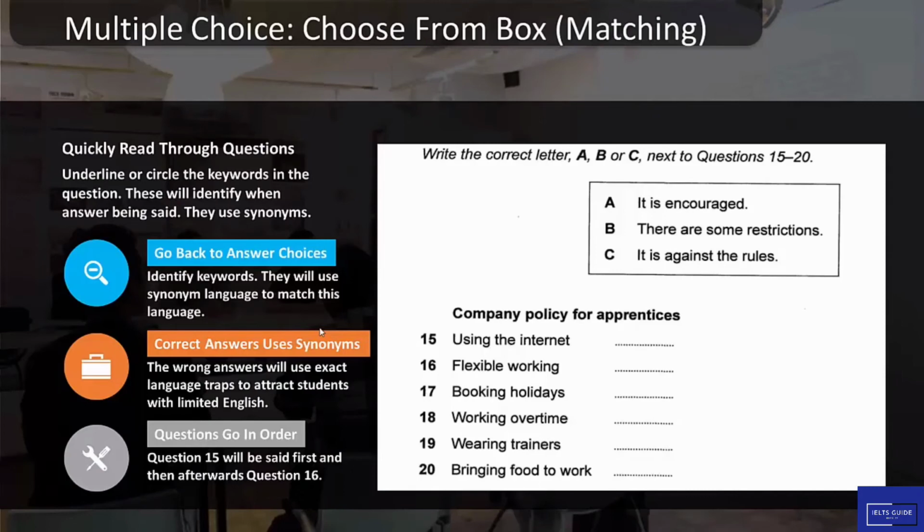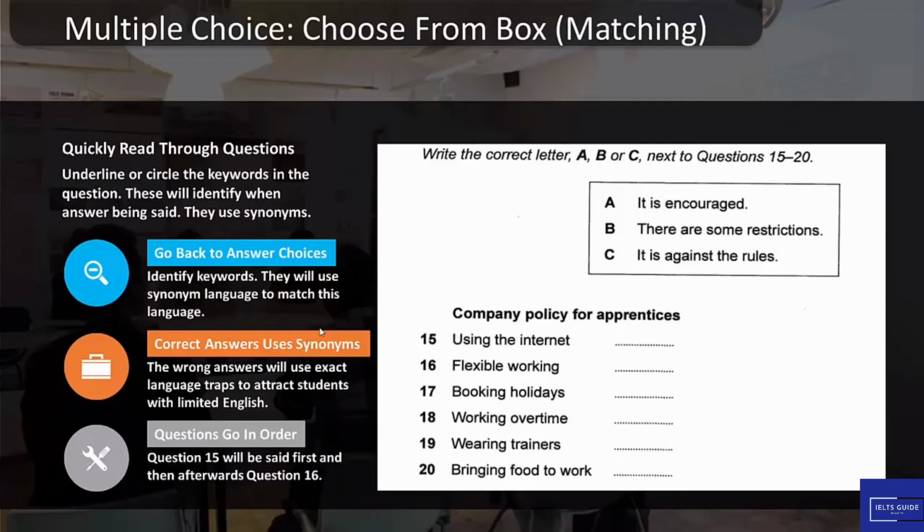But also, really pay attention to the answer choices A, B, and C. Identify the keywords. So, for example, in A, you have the word encouraged. You have to really think about what synonym language they are going to use for that word, because in the conversation or in the solo presentation, they're not going to say the word encouraged.